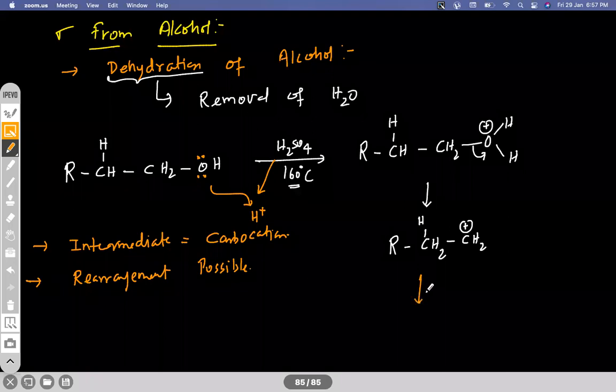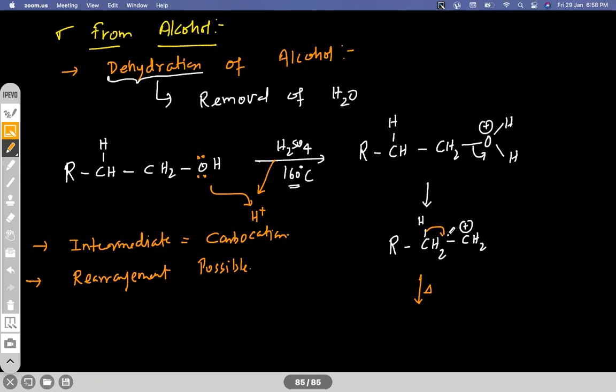Further, when you heat this, then H plus comes out from the adjacent carbon, leaving this electron pair behind, and we get RCH2, double bond CH2. Right? So the H plus that is consumed in the first step is released in the last step here, plus H plus.